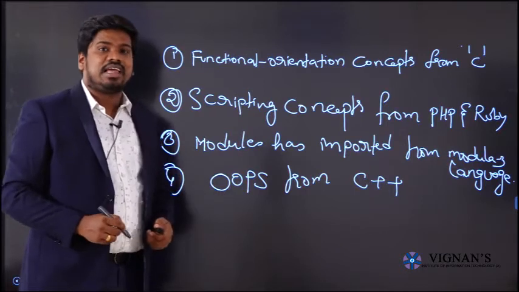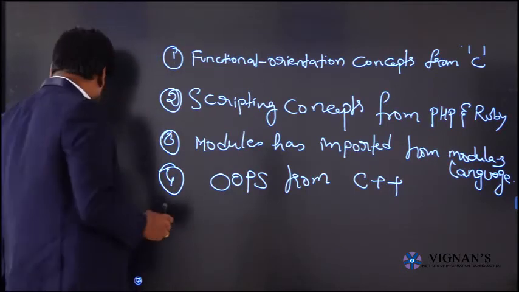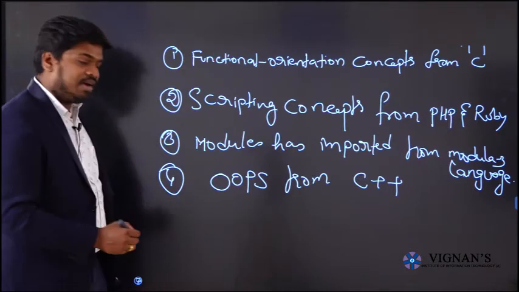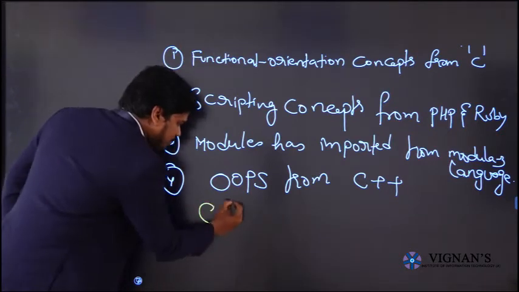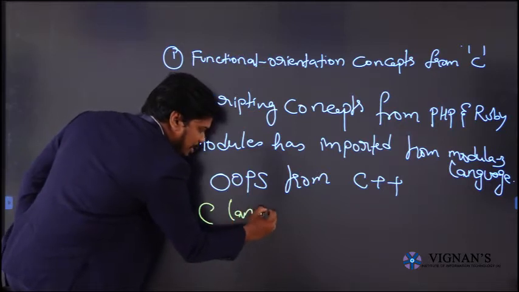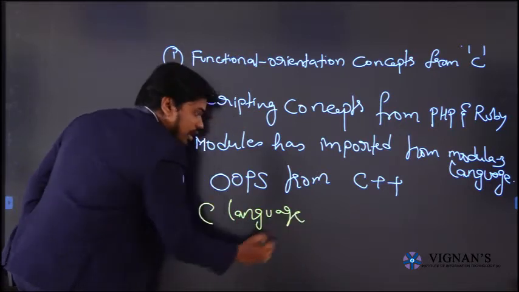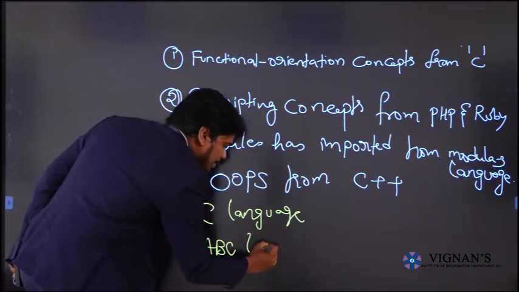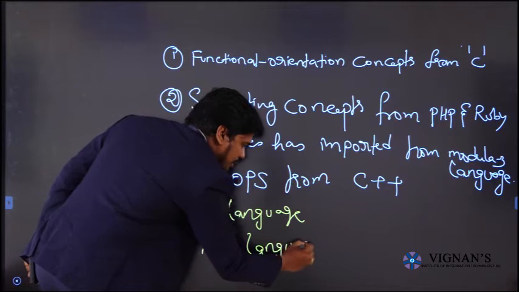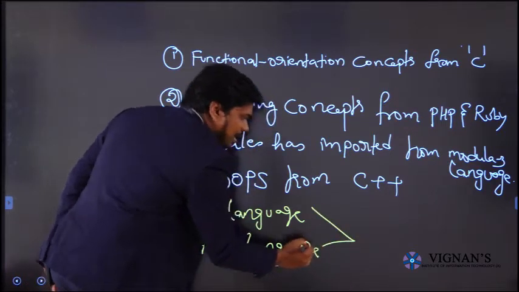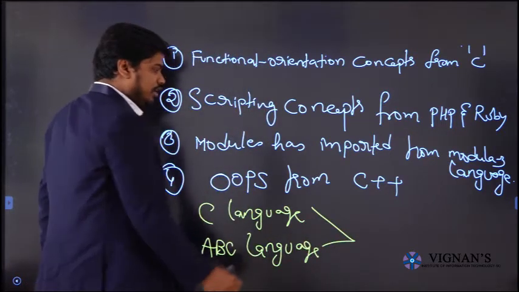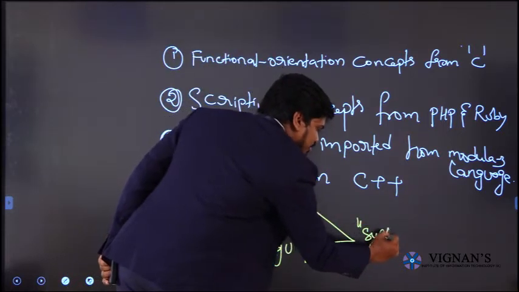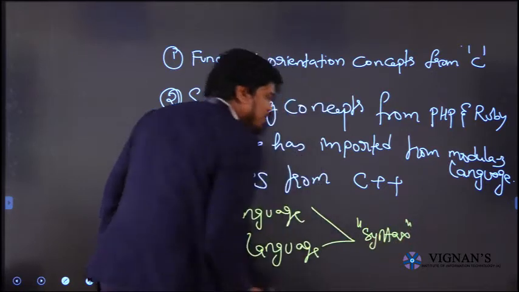And coming to the syntax in Python, what he has done is, from the C programming language and from the ABC programming language, combining these two languages, he has taken the syntax, Guido van Rossum.